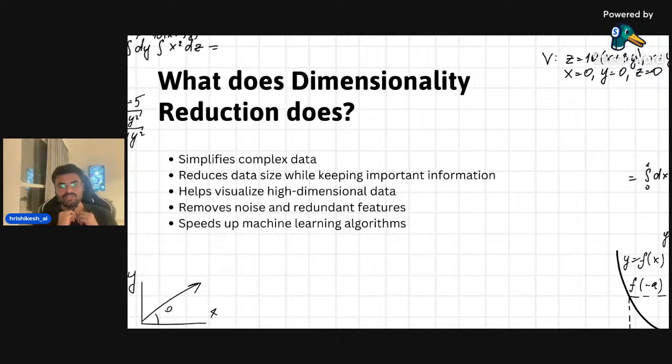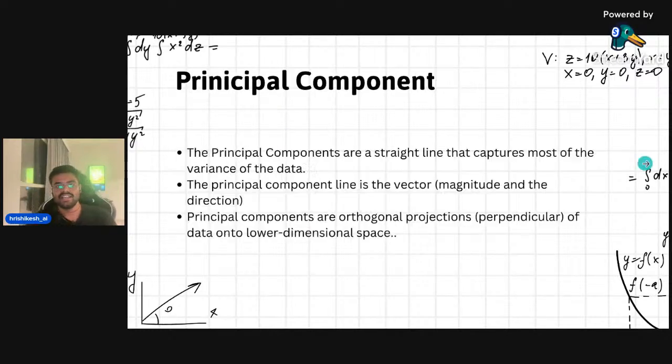Noise is what influences your accuracy, or features which are not actually useful to make a judgment on. So you can remove that and actually enhance the accuracy. Also, it speeds up the training of the machine learning algorithm. So these are some of the advantages of making use of that.